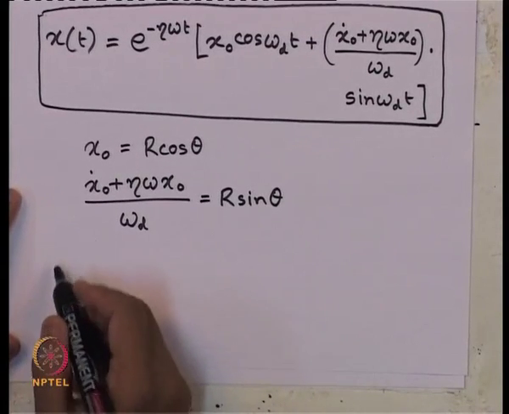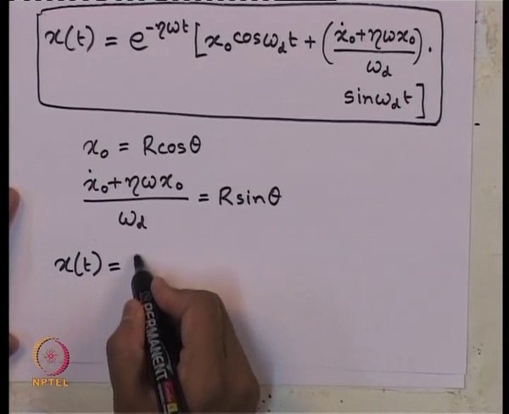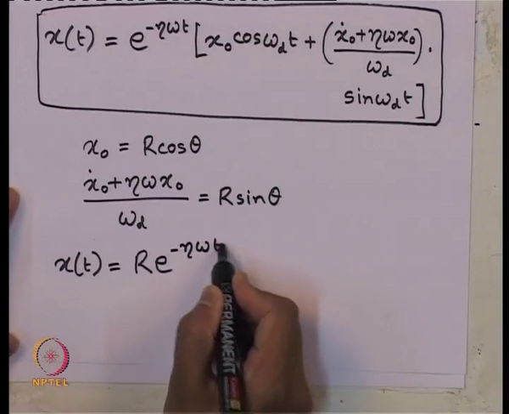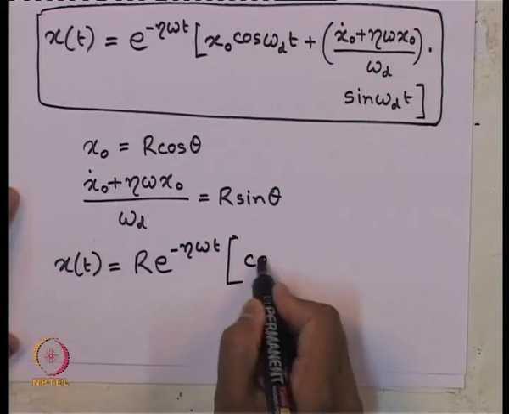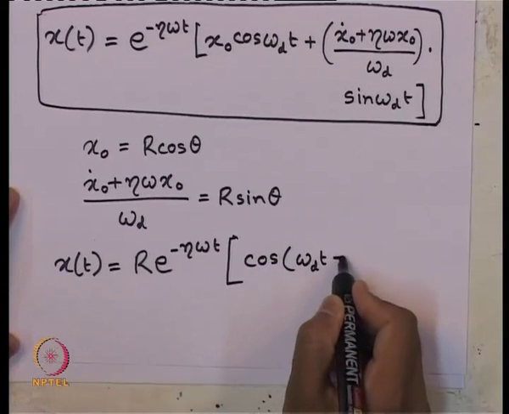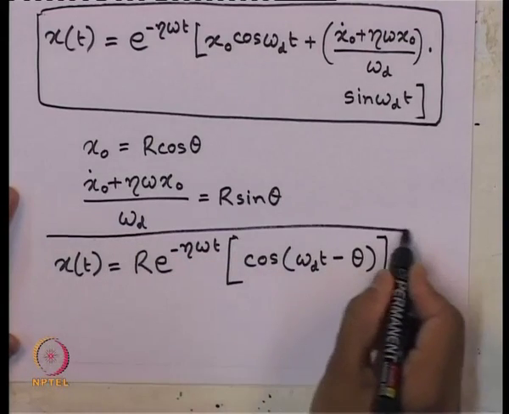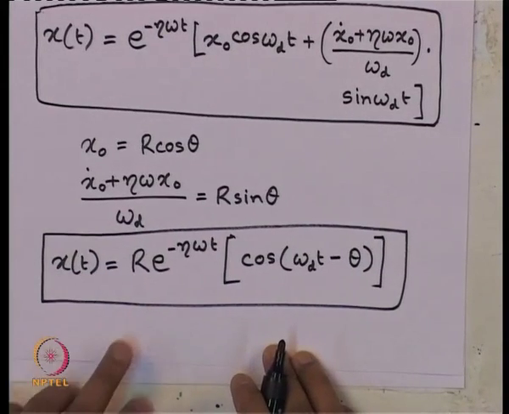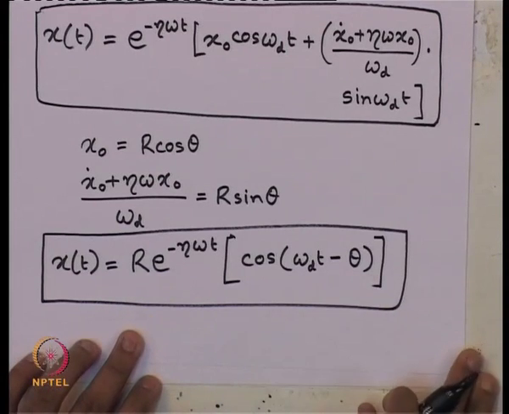Then the solution will be given as r e to the power minus eta omega t times cosine of omega d t minus theta. That will be the form of solution in the polar coordinate system, with r as the amplitude of motion and theta as the phase.